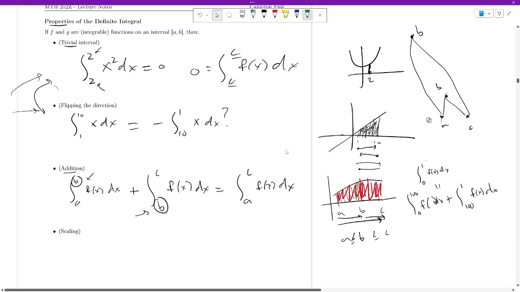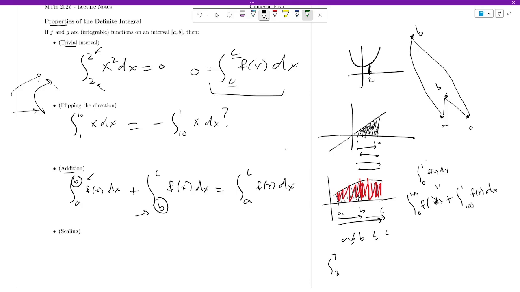Also, notice how this addition rule interacts with these other two rules. Like this one, for example. Because of the addition rule, if I go from 2 to 2 of my function, say x dx, that better be the same as going from 2 to 0 plus going from 0 to 2.